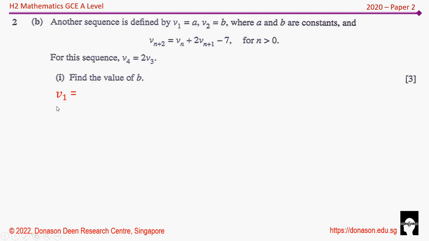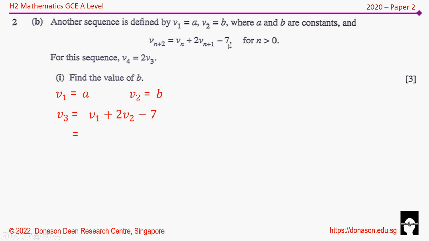Now what is V1? V1 is of course given as A, and your V2 is given as B, okay, it's also given to you. Now what would be V3? Of course that's where we need to start using this formula. So if you put in n as 1, V1 plus 2 will become V3, which should be equal to V1 plus twice of V2, because 1 plus 1 is 2.